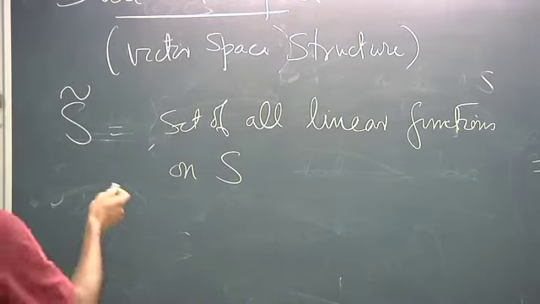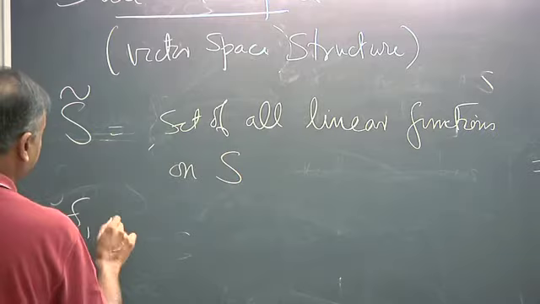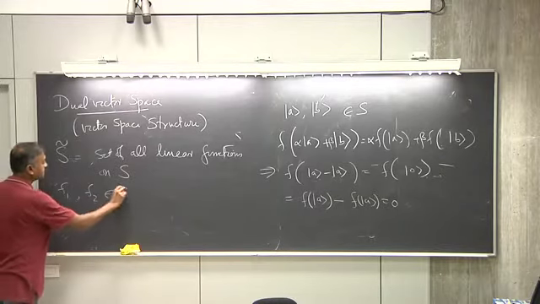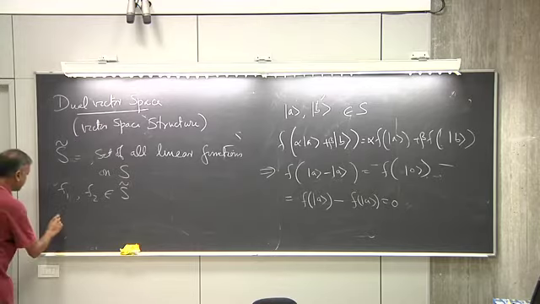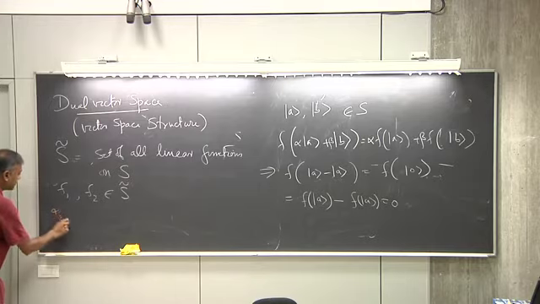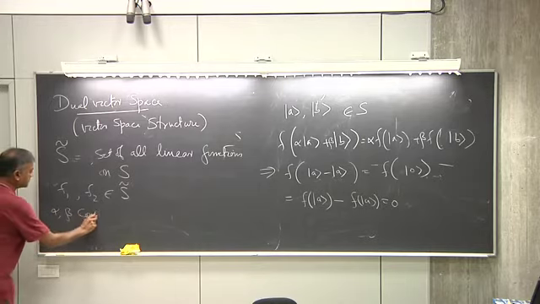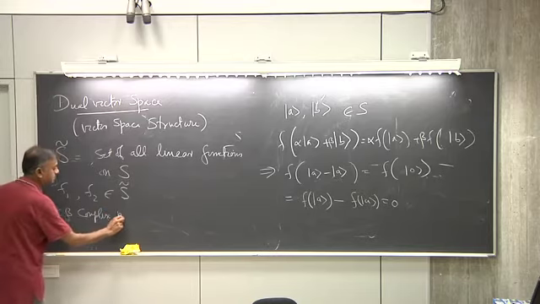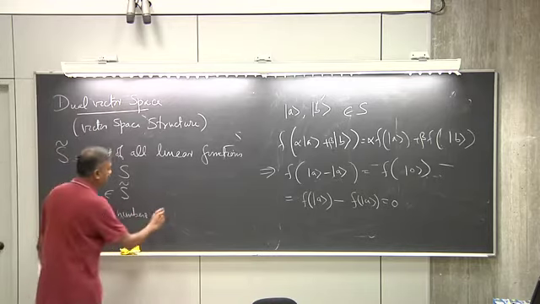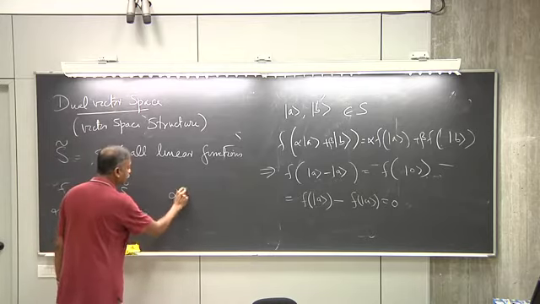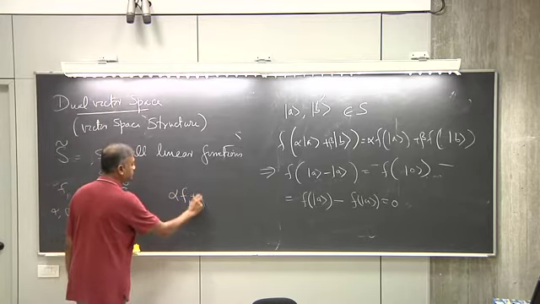Now let's say f1 and f2. Suppose f1 and f2 belong to S tilde, then I need to define a notion of addition and multiplication by numbers, right? So suppose alpha and beta are complex numbers. Then I want to define what I mean by alpha f1 plus beta f2.